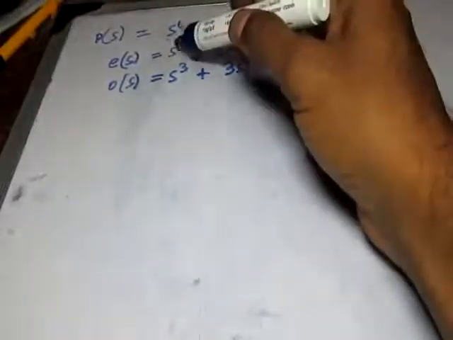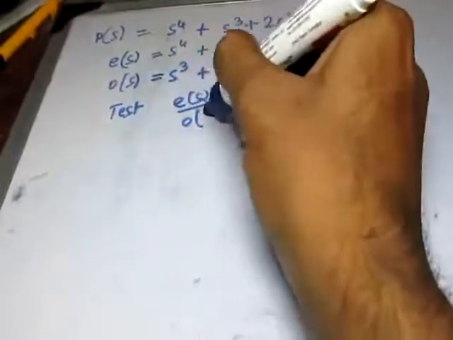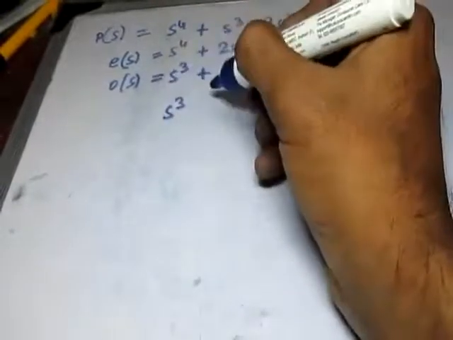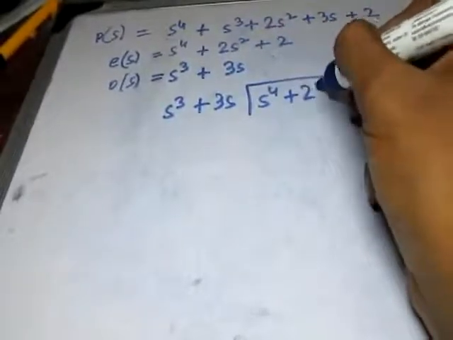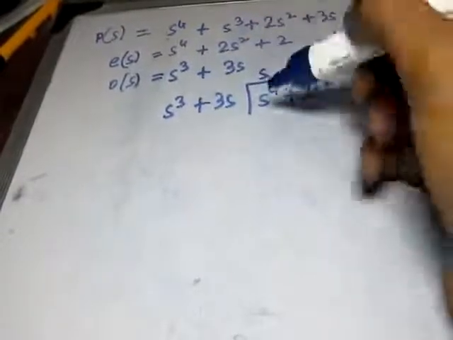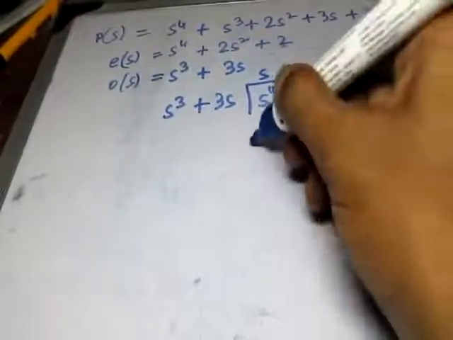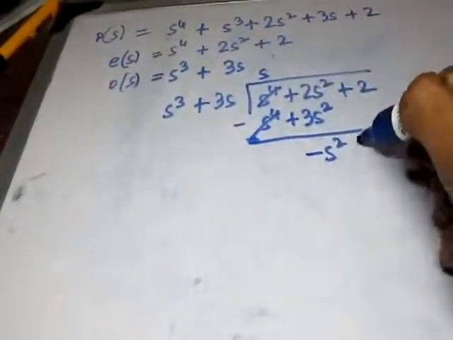Now again we see that the even polynomial is of higher degree than the odd polynomial, so we test E(s) by O(s). So for doing this, we divide s to the power 4 plus 2s square plus 2 by s cube plus 3s. So this becomes s to the power 4 plus 3s square, minus s square plus 2.